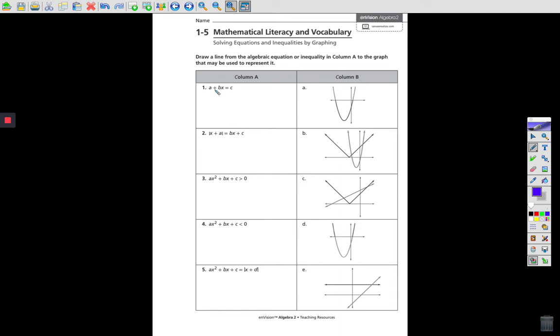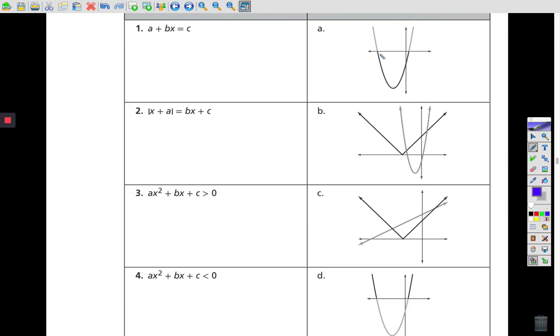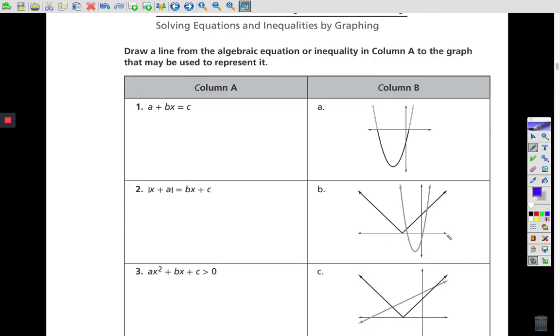So that's going to be a straight line. It's not going to be diagonal. It's more than likely going to be a horizontal line. So if I look at all of my graphs here, I'm looking basically for two straight lines. Let's see, yep, E. Do you see how one of them is horizontal, one of them is diagonal?